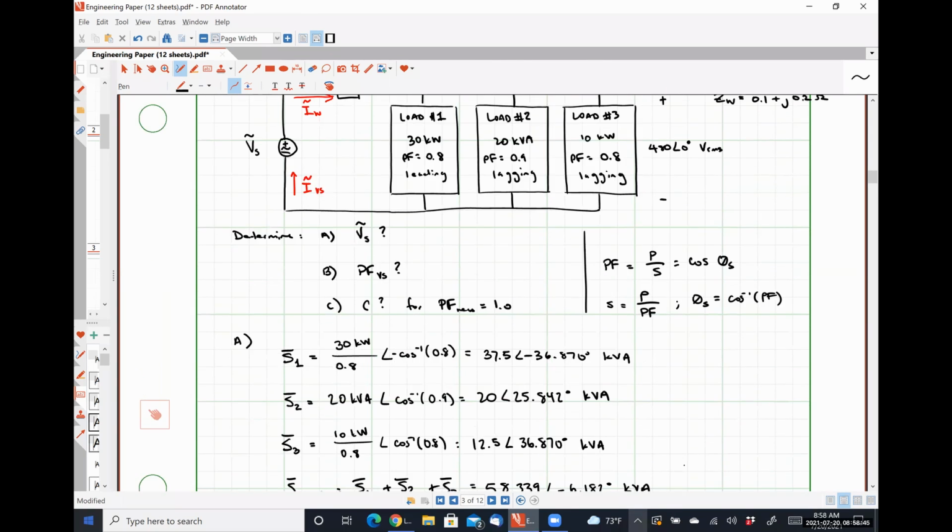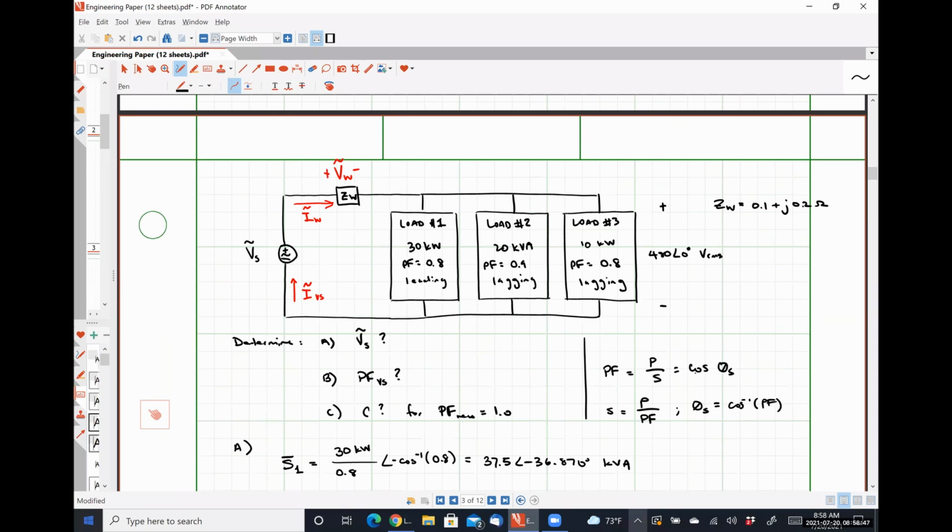So that's just Kirchhoff's voltage law around the loop, right? So Vs will be equal to VW plus this 480 angle 0 degrees.